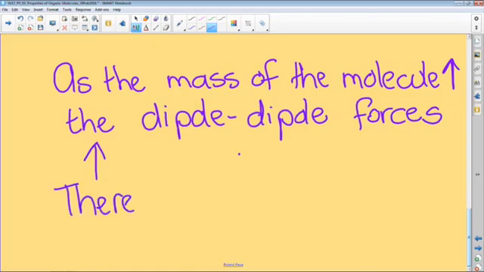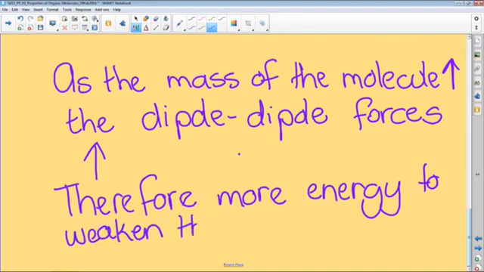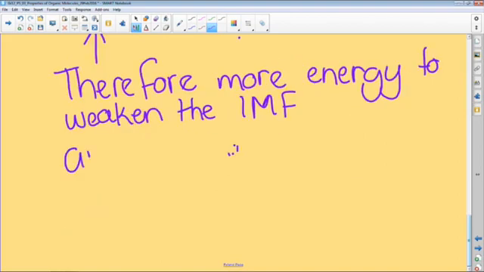Therefore, more energy required to weaken the forces, and boiling point increases, okay?